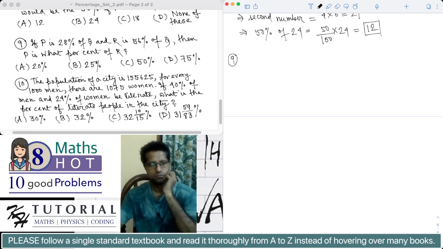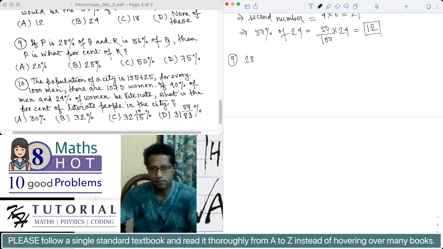Okay, so it is given that 28% of Q is equal to P. So 28% of Q is P. From here we can say 28% of Q means 28 by 100 multiplied by Q is equal to P.